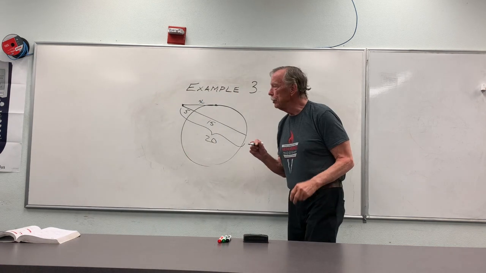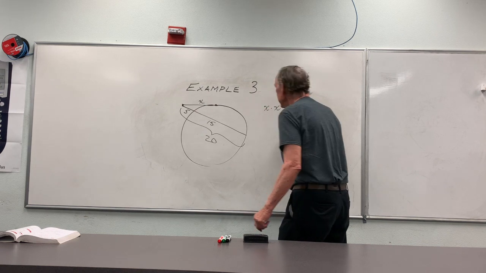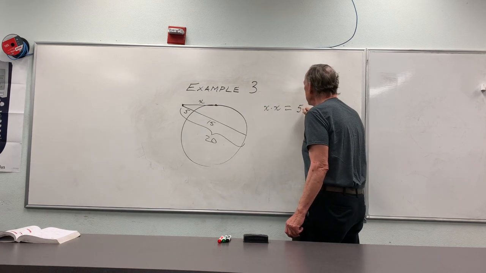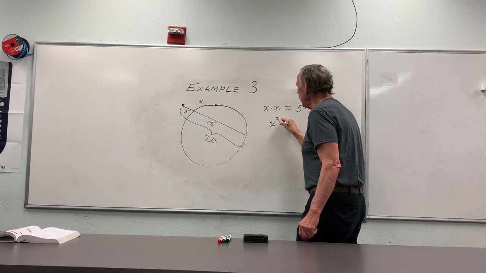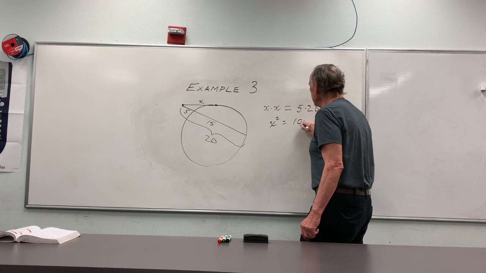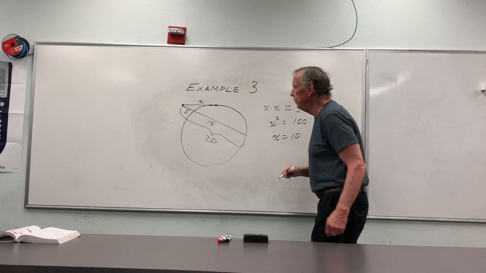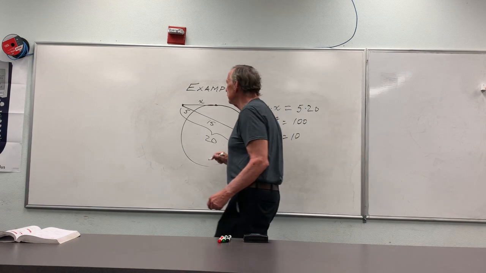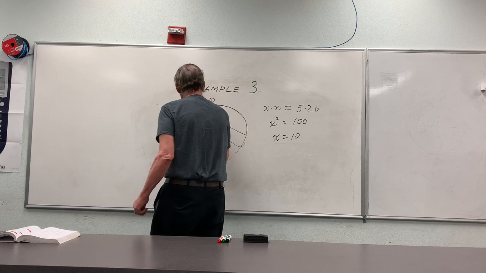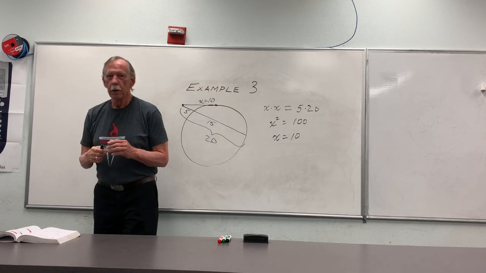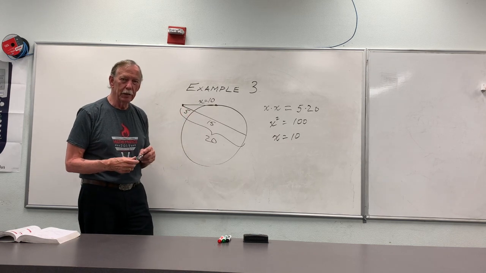Going to our equation, x times x is 5 times 20. x squared is 100. x is 10. Now you've seen 3 examples of each of the things that we learned today.